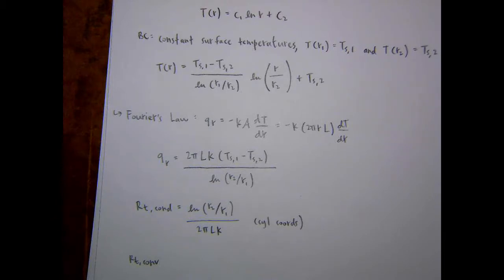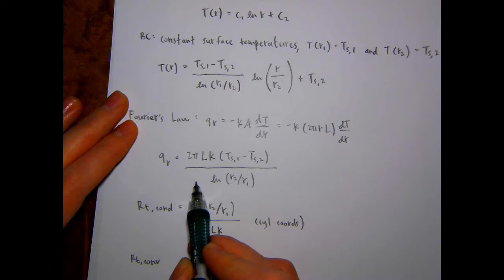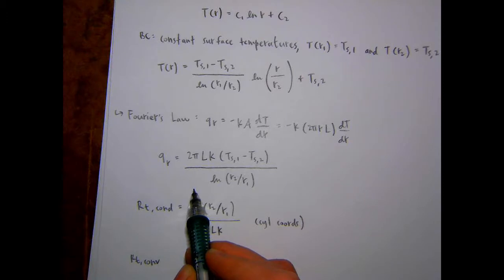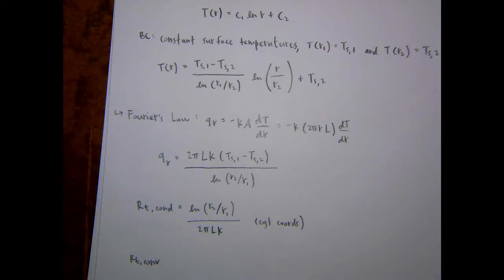So when we apply it here, it's the same thing. We know there's convection going on at the inner and outer surfaces, but we know the surface temperatures, so we can apply the heat diffusion equation and just calculate what the heat transfer rate is. But because it's this highly simplified case where we have no energy generation, 1D, steady state, all of that, just like we did in homework with the double pane window, we know that the heat transfer rate through the system is going to be completely equal through all the elements of it.